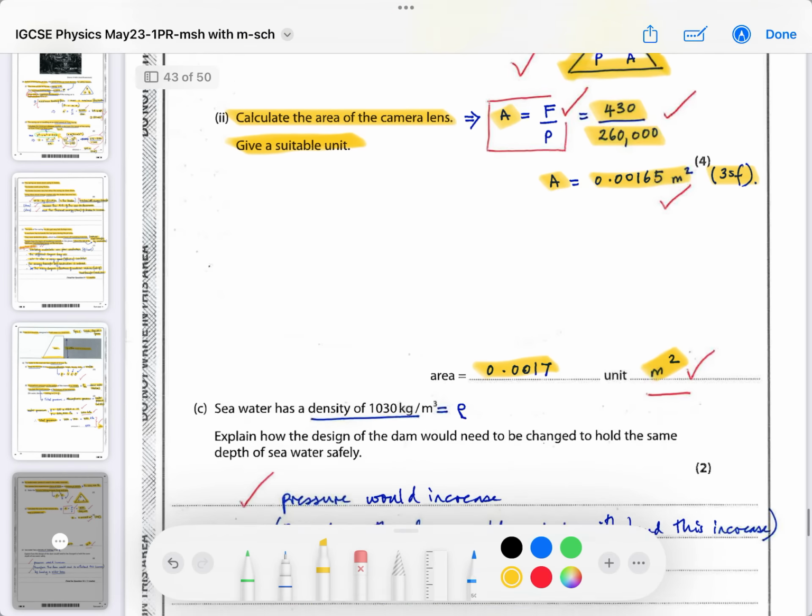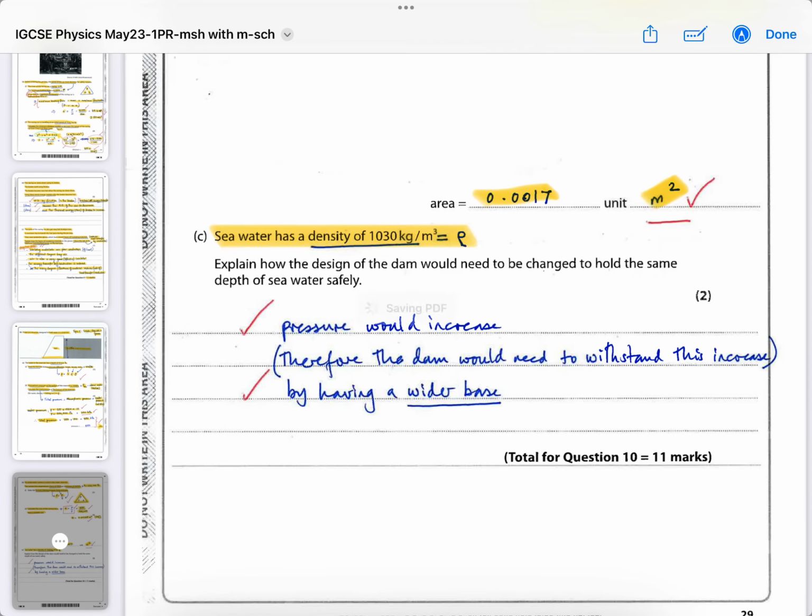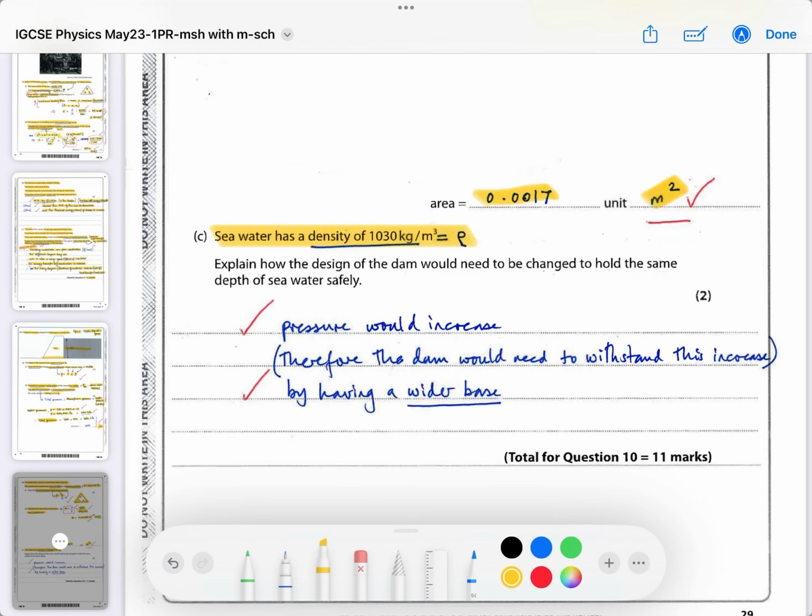question. Then they say seawater has a density slightly more than pure water, so that's 30 kilograms per meter cubed more than pure water, 1030. Explain how the design of the dam would need to change to hold the same depth of seawater safely.